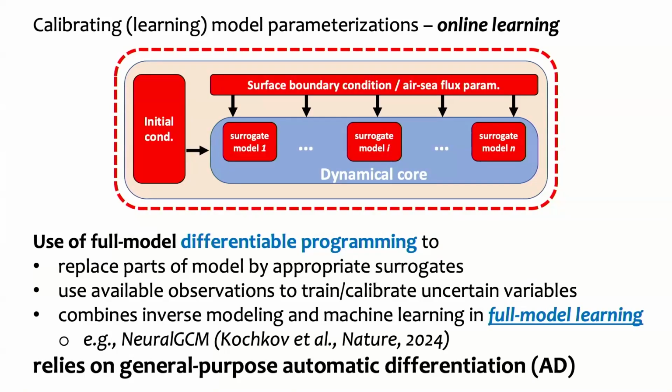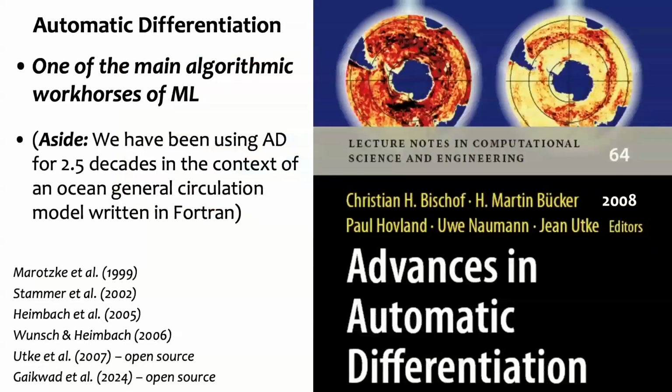So we have the dynamical core of a physical model that is differentiable, using an automatic differentiation tool. And some of the people who have been doing automatic differentiation for many decades have been pointing out, look, we've been doing this for decades. And in fact, I have been doing this for at least 2.5 decades.